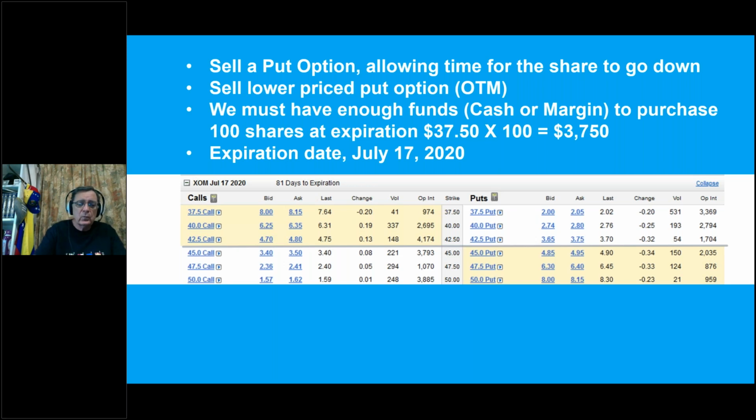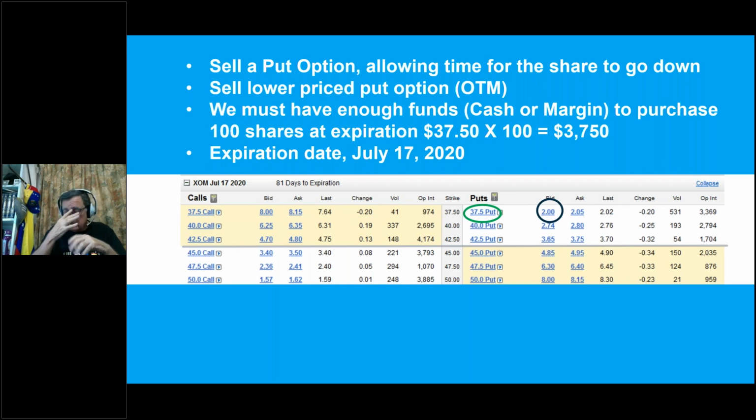Okay, so what's going to happen then? Well, here are the prices that you see. The 37.50 put, which gives you the right to force me to buy it at 37.50, you're going to say, I'm going to pay $2 to force you to buy it.